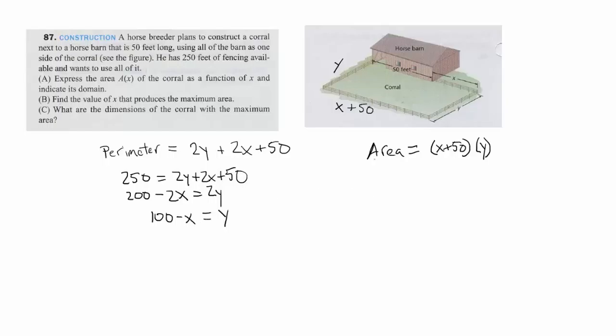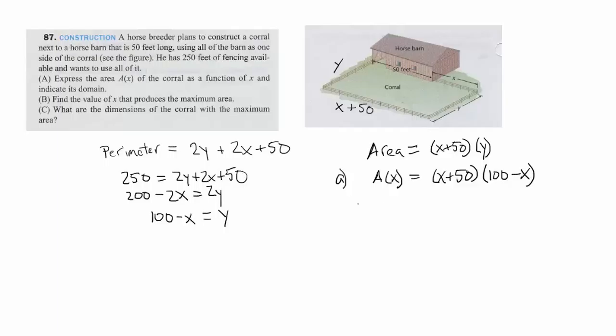So here we know that A of x is equal to x plus 50 times 100 minus x.